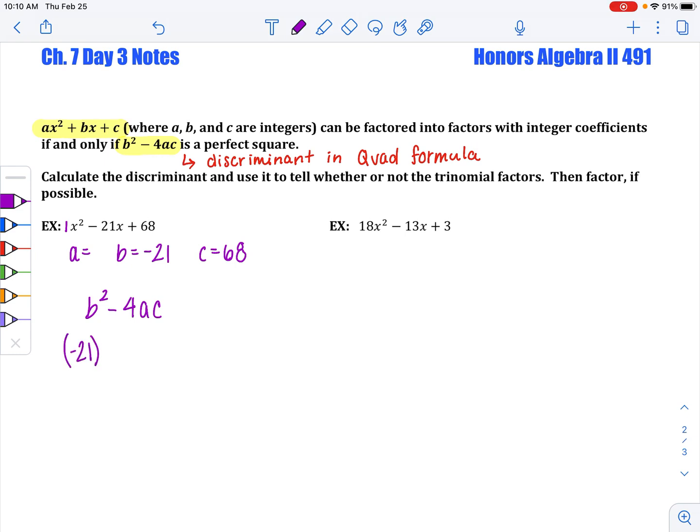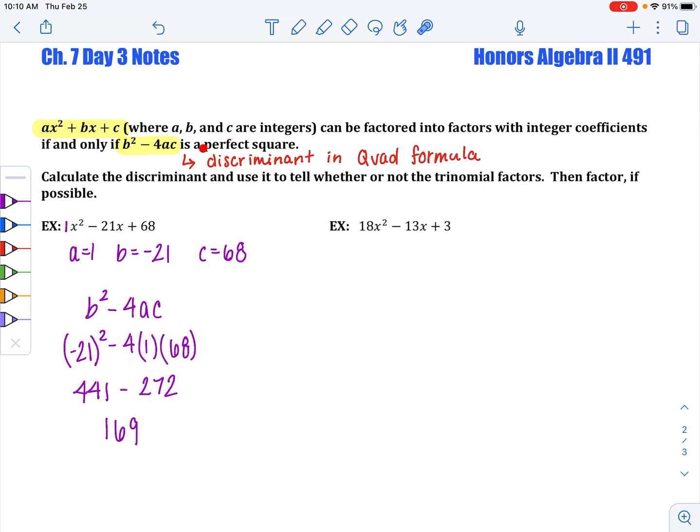So negative 21 squared, 4 times a, which is 1, times c, which is 68. Negative 21 squared will give you 441, positive 441. Minus 272, leaving you with your discriminant being 169.